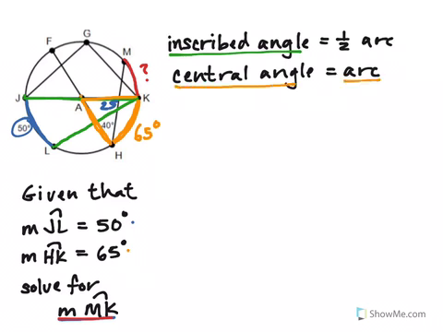So this angle here is 65 degrees. If that angle is 65 degrees, it is a vertical angle with the angle across from it. So this is also 65, which happens to be a central angle as well, which means that this arc is also 65 degrees.